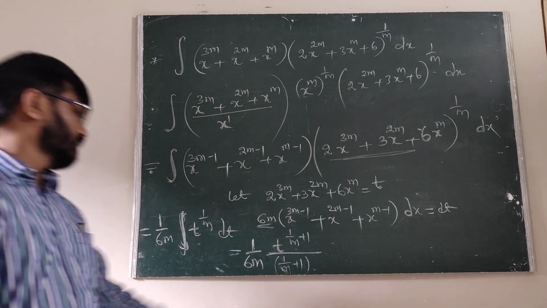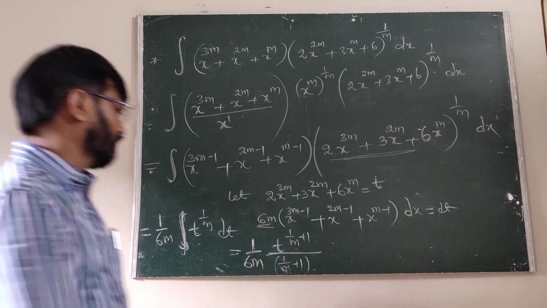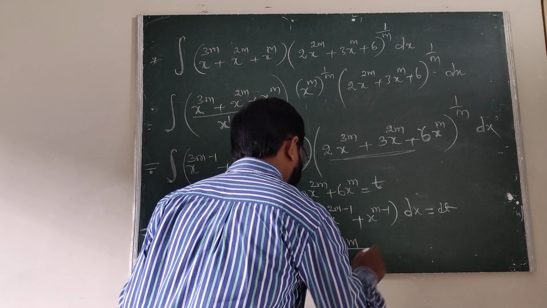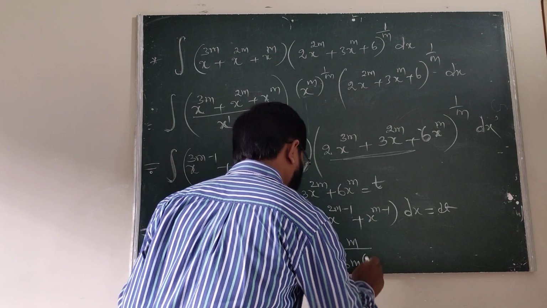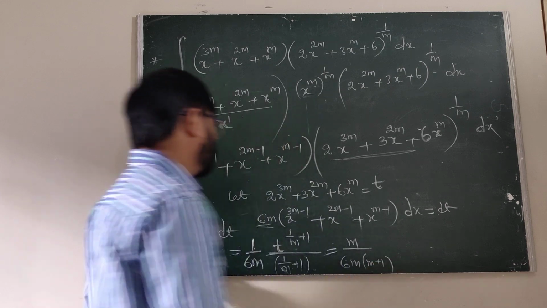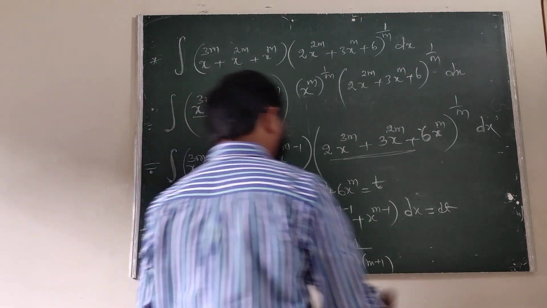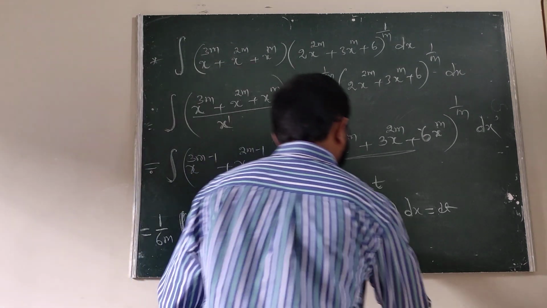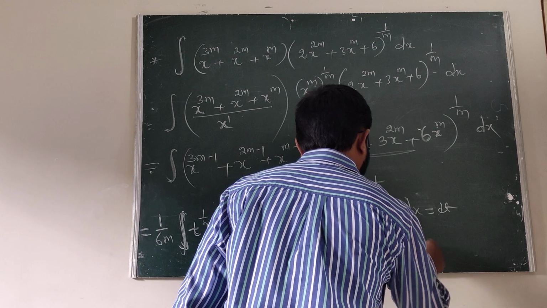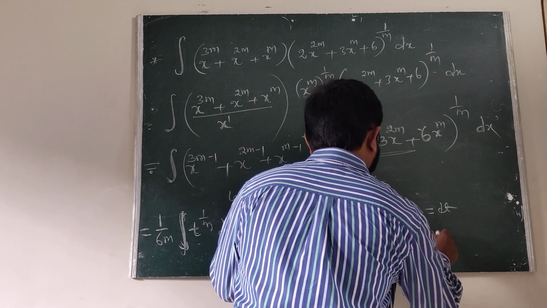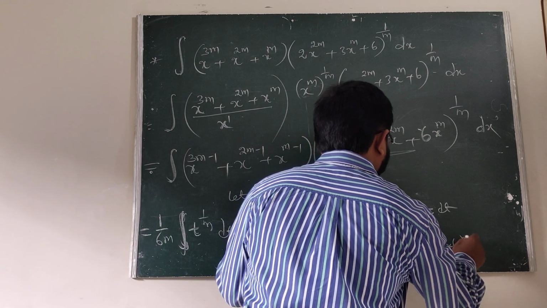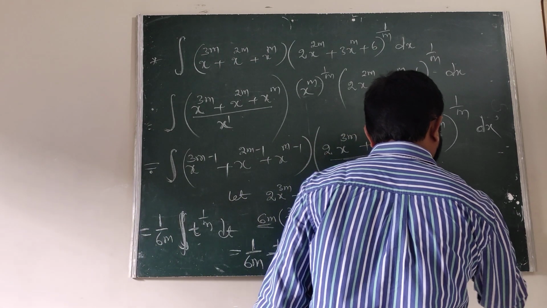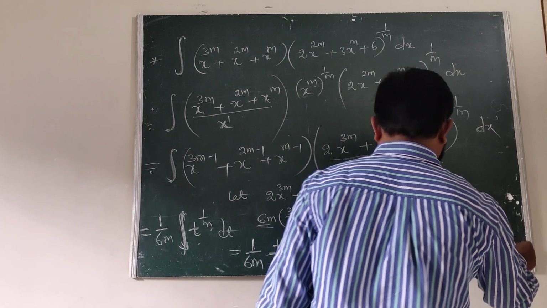Now we are taking the LCM, m is sending to the numerator, then it will be m by 6m into (m+1). Therefore t^(1/m + 1) plus c, where t is 2x^3m + 3x^2m + 6x^m.